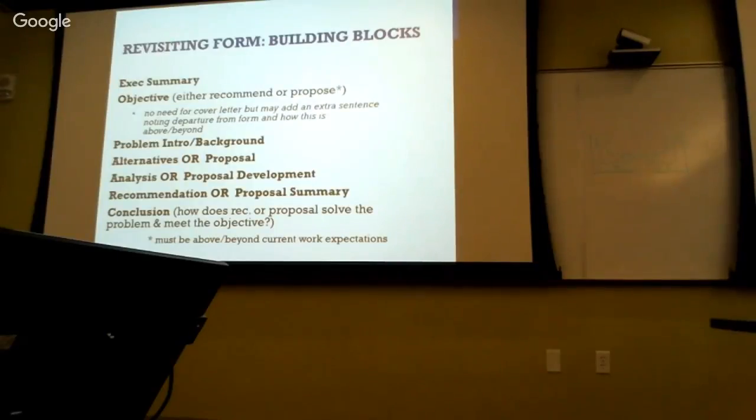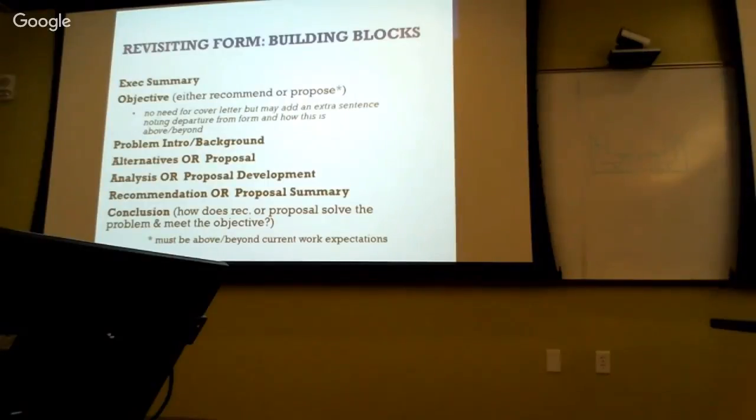These two things, the proposal overview and the proposal summary, are going to look pretty similar. This may have a little more detail. What I want you to think is, this is the section you want your decision maker to read. If they only read two things, the executive summary and your recommendation or proposal summary, what do they absolutely need to know? What are the essentials?